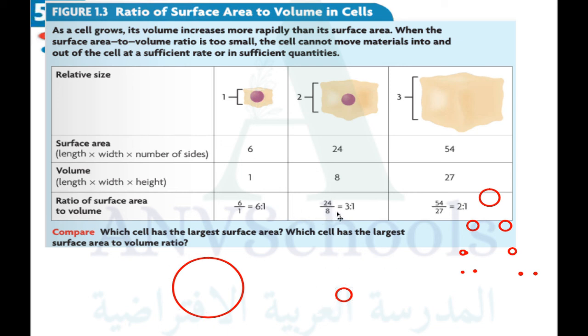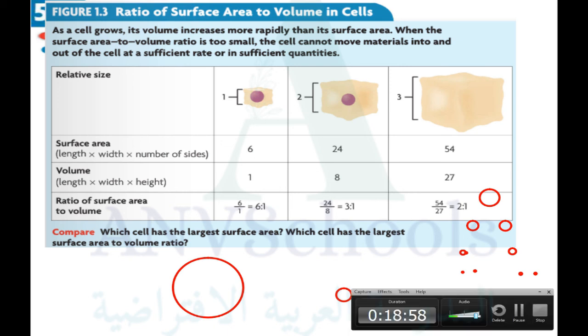Because as the size increases, the surface area to volume ratio will actually reduce. So the soccer ball would have a smaller surface area to volume ratio in comparison to the tennis ball.